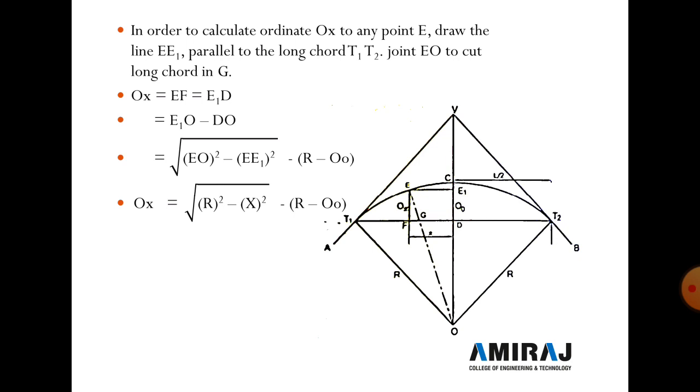OX is equal to EF, which is equal to E1D, so both distances are the same.